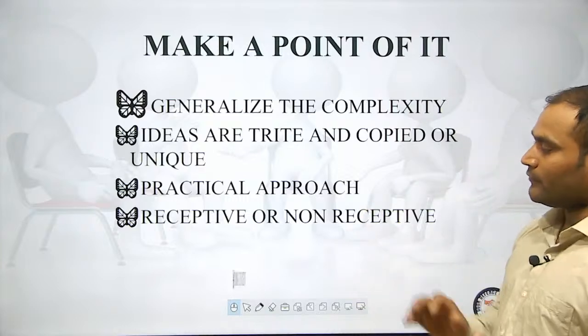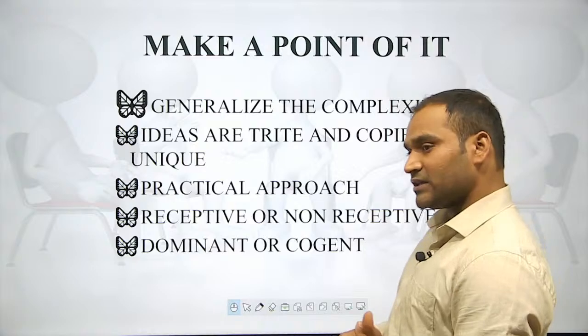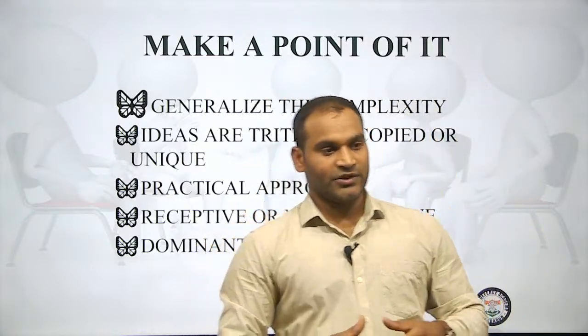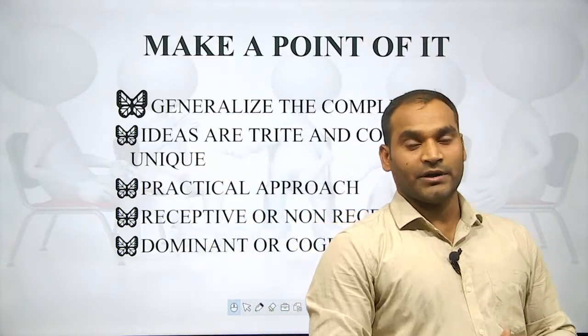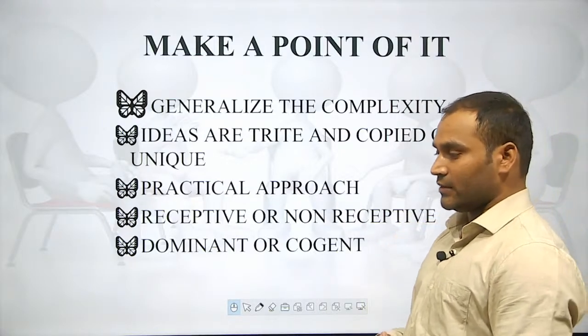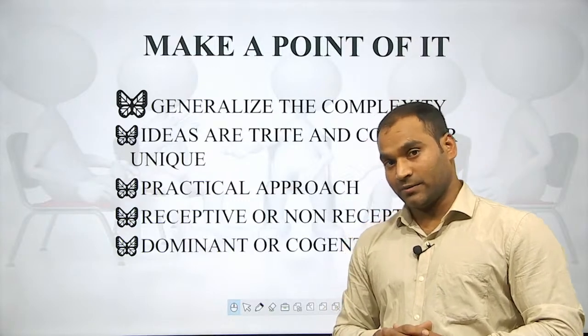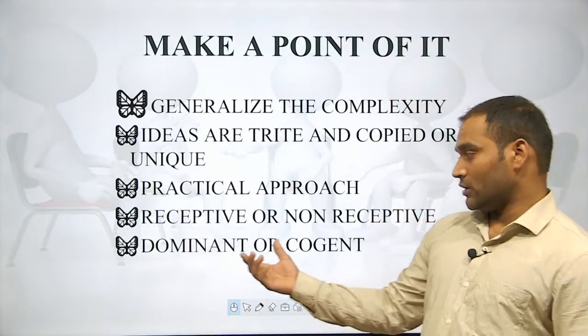Okay. The next is dominant or cogent. If I say that some of the speakers or some of the aspirants are repeaters, or they have been harshly trained in different academies, and they do not allow other speakers to participate in the group discussion, those are called dominant.